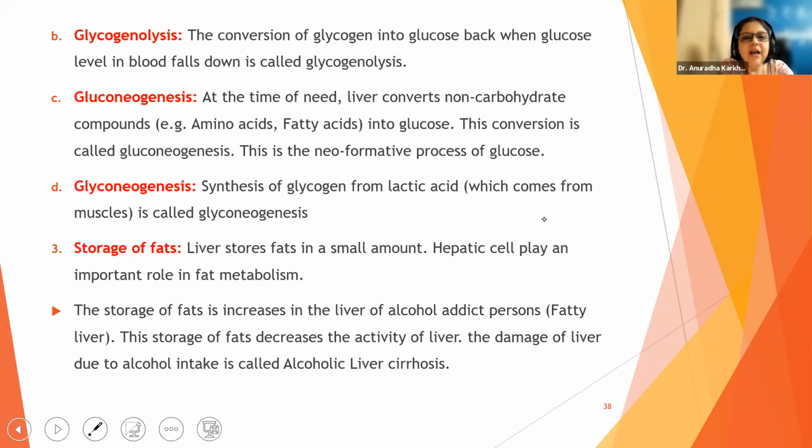But did all four of the second function make sense? All four clear? How glycogen is made, how glycogen is broken, how a new molecule of glucose is made, and how glycogen is made from lactic acid. Don't forget the terminologies. Don't forget the definitions. Very important.